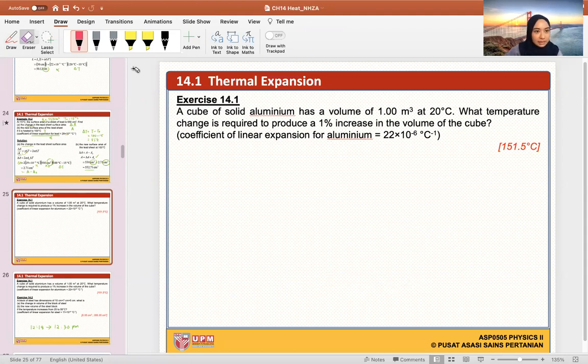Redha, hilang dah, ada keliru sikit tadi. Oh, keliru. Okay, what is your first step? Cerita kat saya tulis.